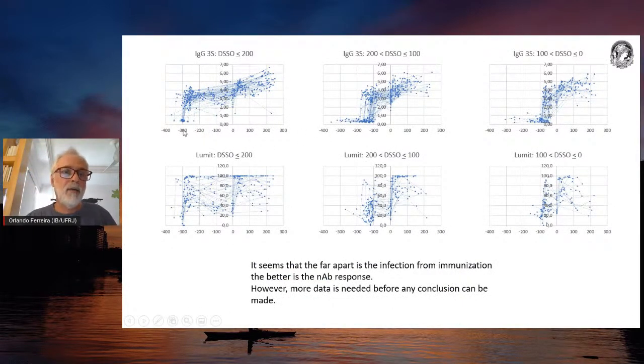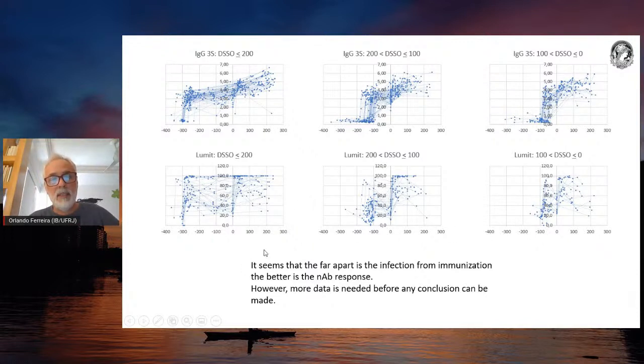So we divided our infected group in 3 parts: individuals that were infected with symptom onset 200 days before the first dose, between 100 and 200, and less than 100 days. And what we can observe is that, in the interest of time, I have to speed up my presentation.